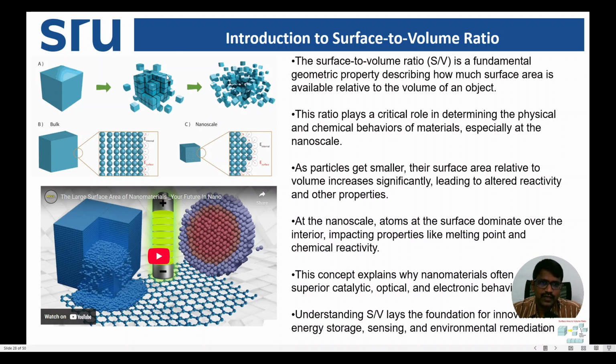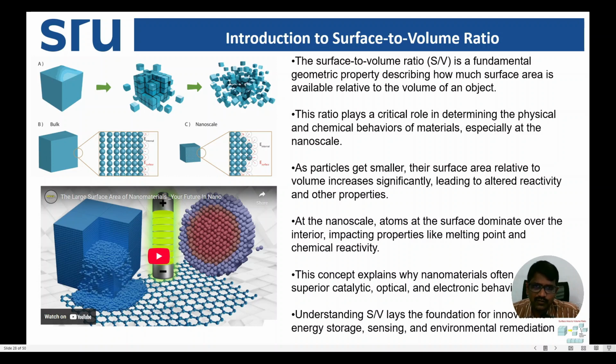But if you consider the same material in multiple pieces, we can observe that there are many faces. So much more surface area is available to interact, so much surface area to expose, so that the surface energy will be very high.